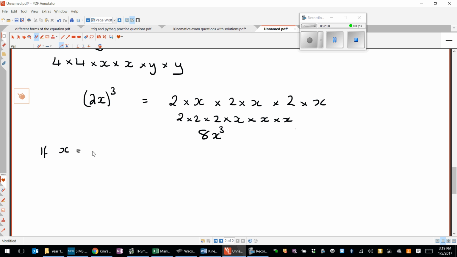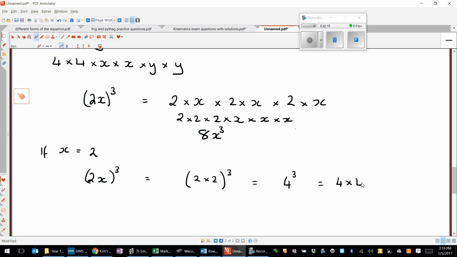What is the value of 2x all cubed? Well, it would be 2 times 2 all cubed, which would be 4 cubed. What's 4 cubed? That's 4 times 4 times 4.